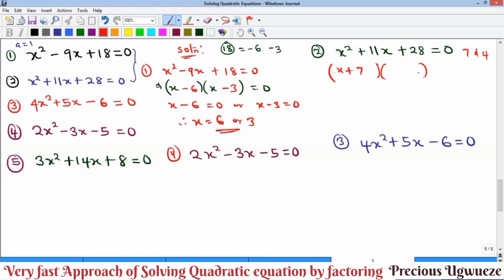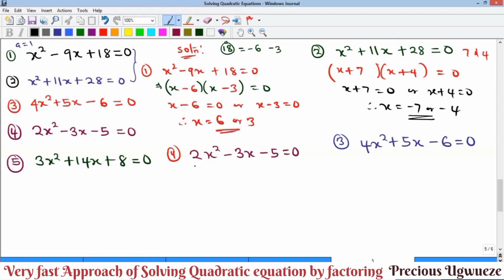Remember, the two of them are positive, and here will be x plus 4, all equal to 0. Simply equate the two factors to 0. Therefore, our x in this case is minus 7 or negative 4. So it's just that simple.